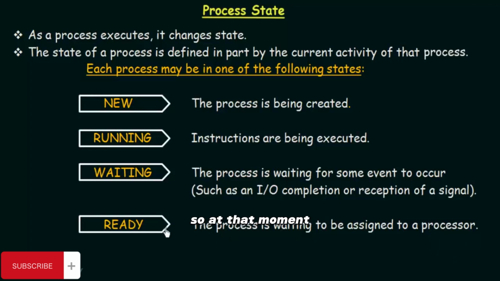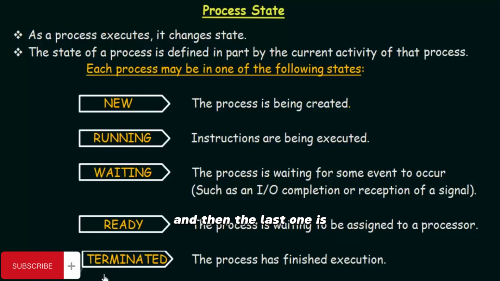At that moment, we say that the process is in the ready state. The process is created, and it is not yet running, but it is ready. So we say that the process is in the ready state when it is waiting to be assigned to a processor so that it can begin or resume its execution.